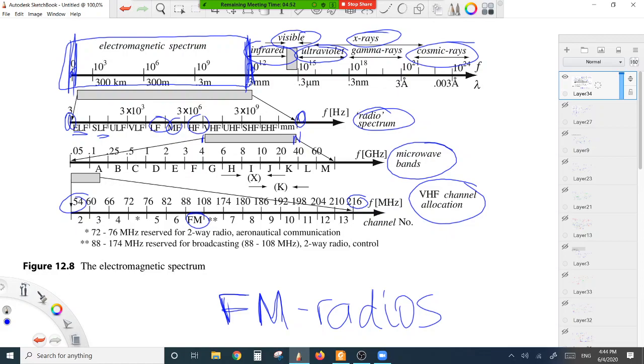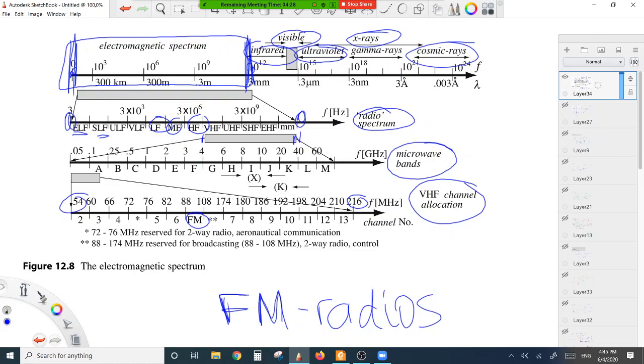Okay, so what else? The electromagnetic spectrum in this figure shows, in addition to frequency ranges, some of the general applications. We have already seen this.